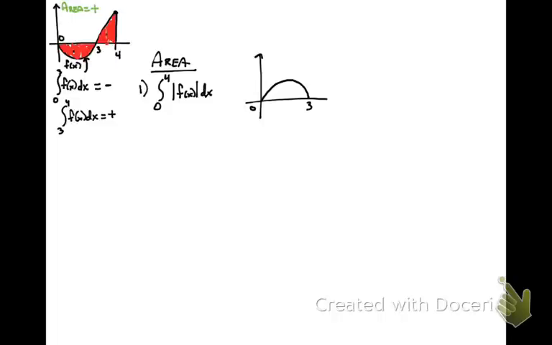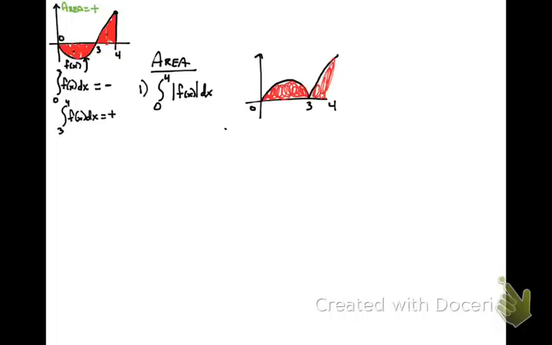It will cause a reflection of that space. And then from 3 to 4, there will be no change. And so graphically, this is what you're considering when you take the absolute value of f of x. And so your answer will have the appropriate sign, right? You will have a positive result.